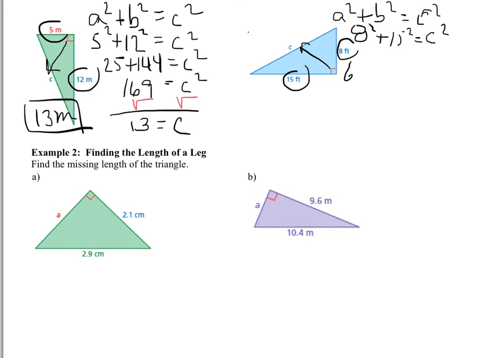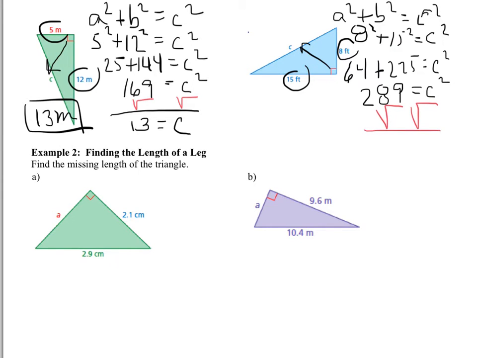That's going to give me 64 and 225. 64 and 225 is 289 equals c squared. Again, we then take the square root of both sides. That's going to get us to the c that we need. And the square root of 289 is 17. So our answer is 17 feet.